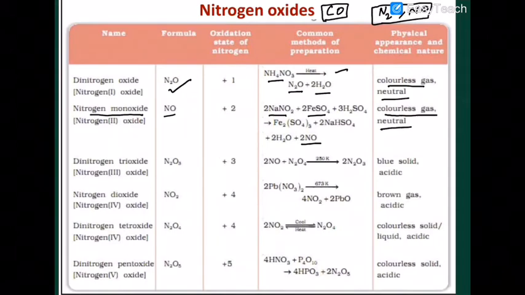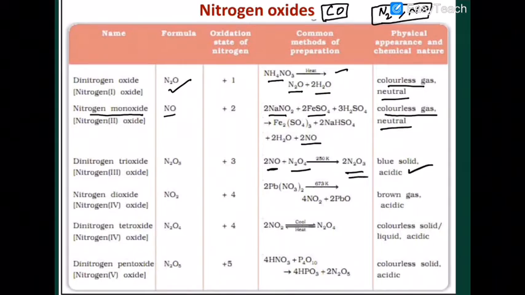If you have NO, that is nitrogen monoxide, and treat with the dimer of NO2, that is dinitrogen tetroxide, then it will provide you a blue solid known as N2O3.